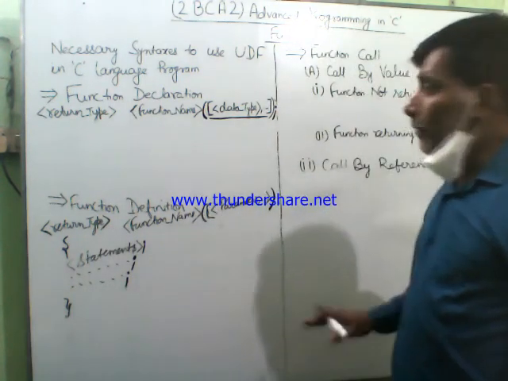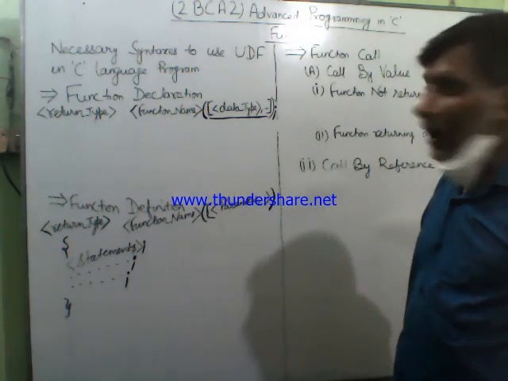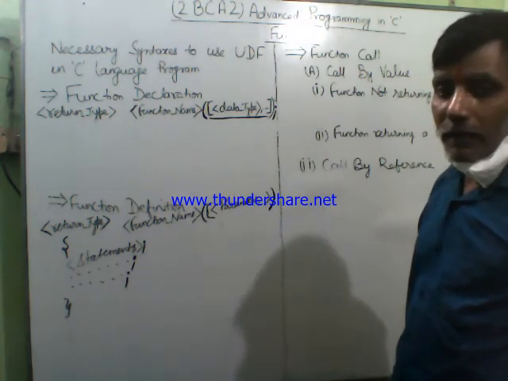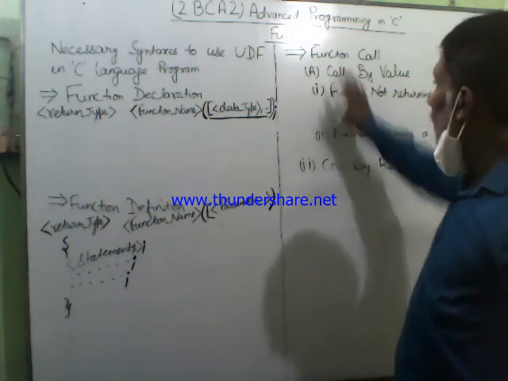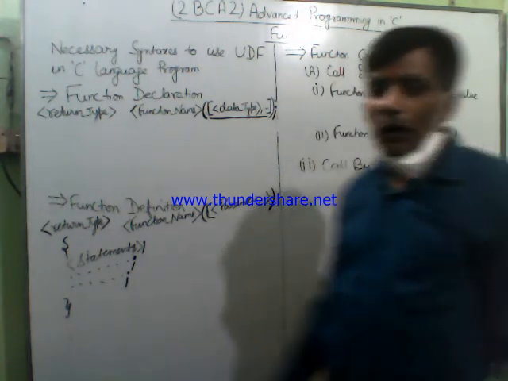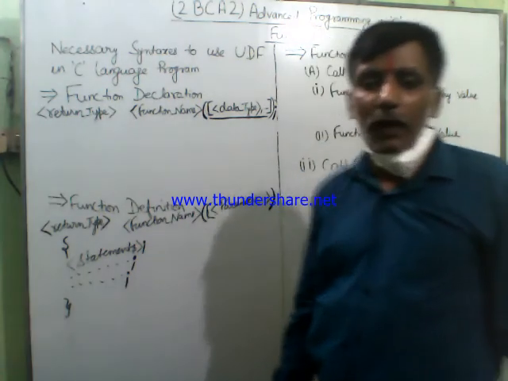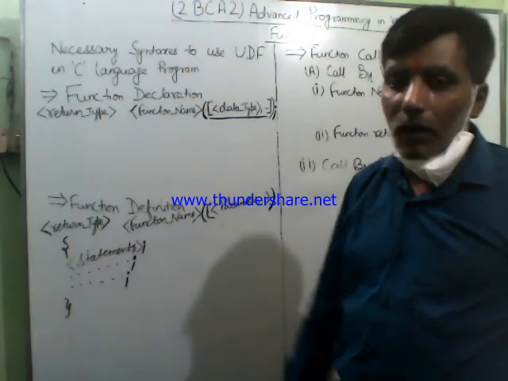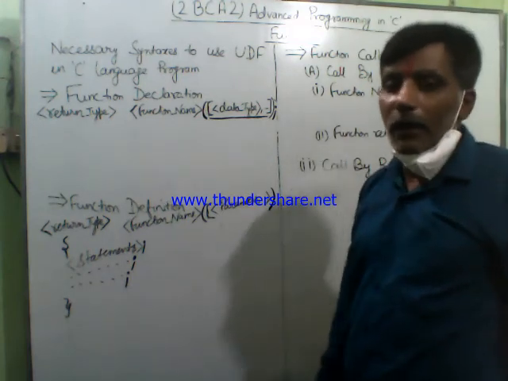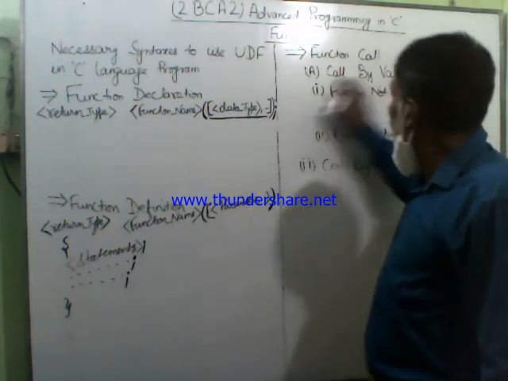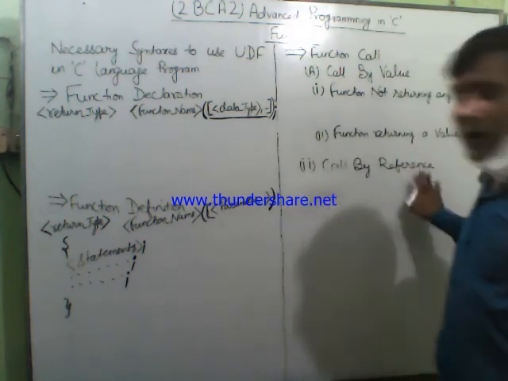Now, after performing the function declaration and the function definition, the next part to use the user-defined function is function call. Function call is also known as function invocation. Function call can be done by using any of the two methods that are call by value and call by reference.